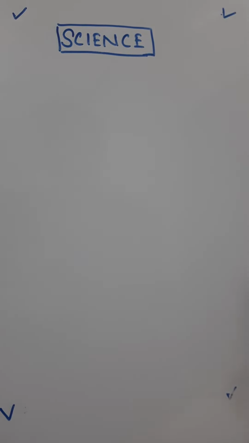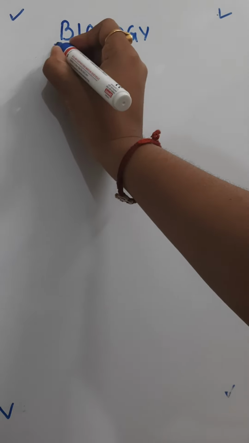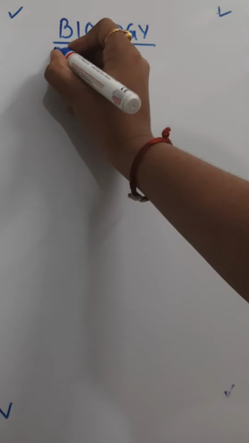So we will begin with today's class, and today we will be discussing another topic, that is the definition of the subject itself. That is the definition of biology. What does the term biology mean? Now, this term biology comes from two words. What are those two words?